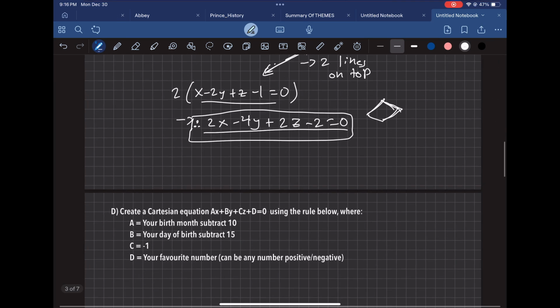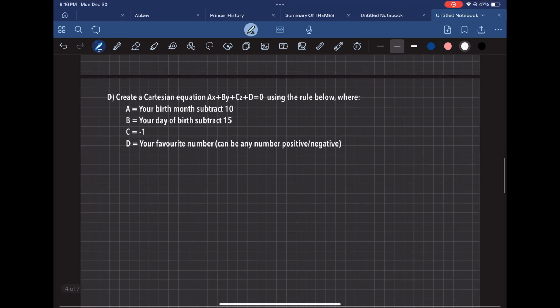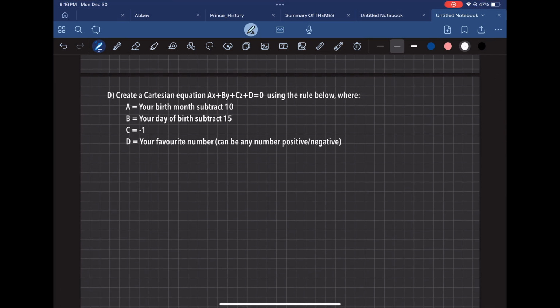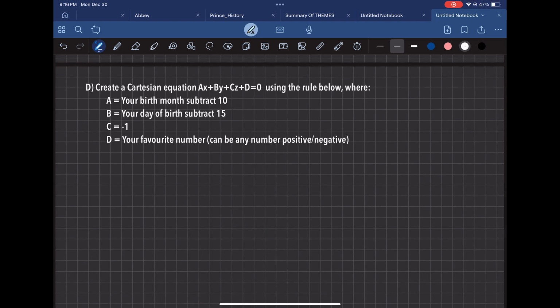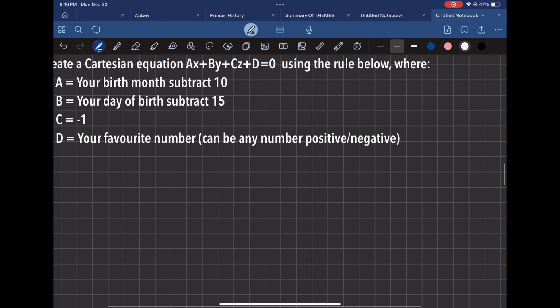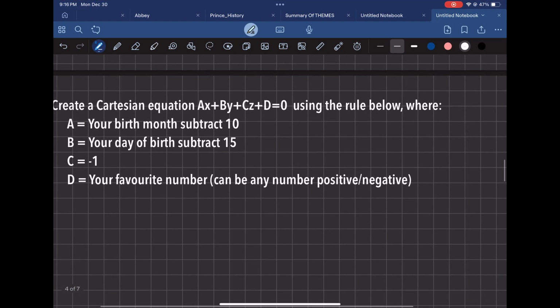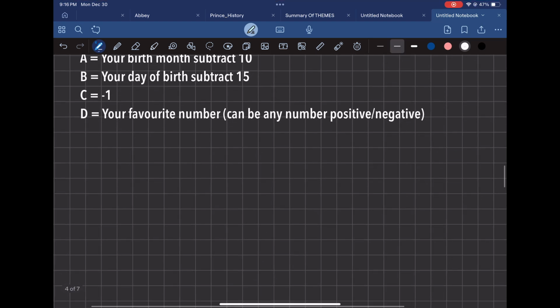Okay, D. Create a Cartesian equation, ax plus by plus cz plus d equals 0, using the rule below, where a equals your birth month, subtract 10, and so on. This is basically us creating a custom Cartesian equation. I'm just going to use my birth month for these examples. So a equals your birth month, subtract 10.